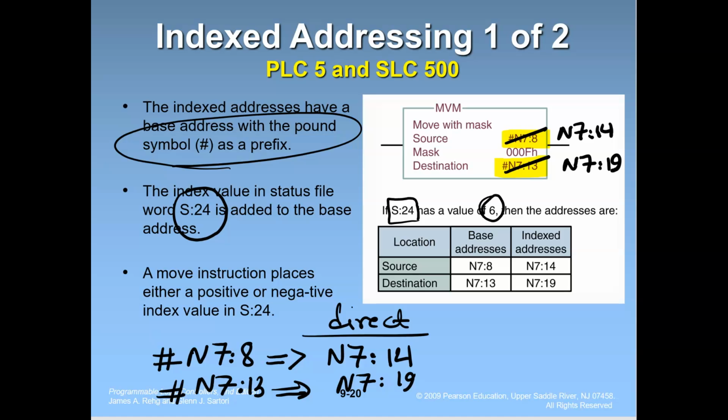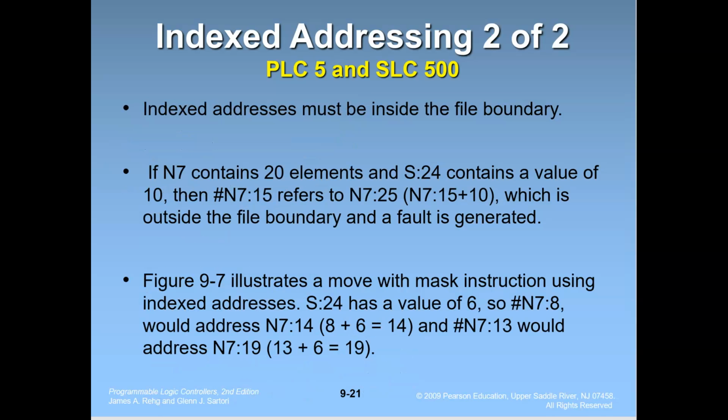N7:19. The only thing that you should be careful about with index addressing is the fact that index addresses must be inside a file boundary. So if you have a file, then your address should remain inside the file boundary. For example, let's assume that at your S:24 you have a value equal to 10.